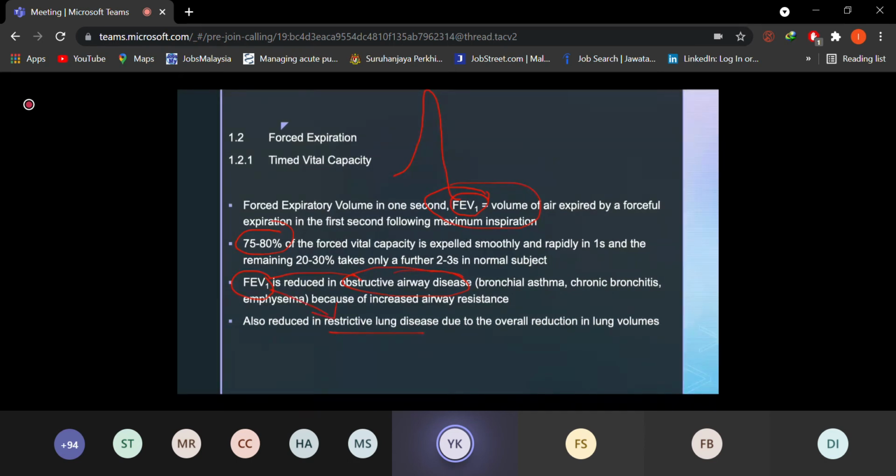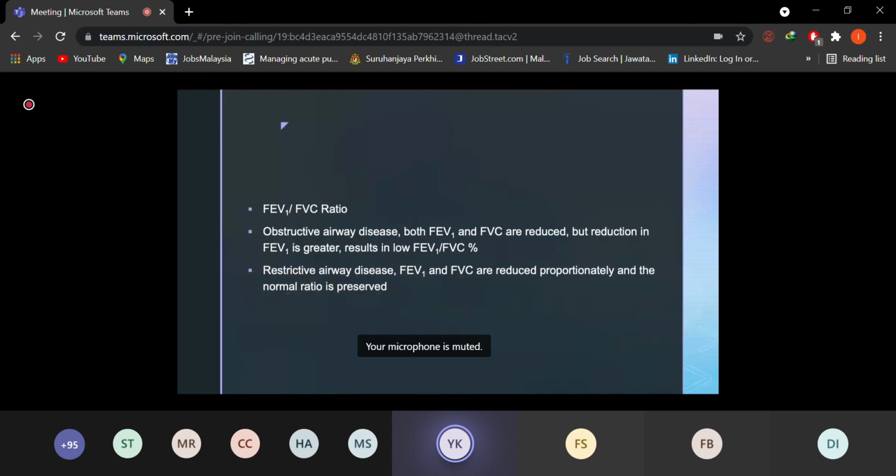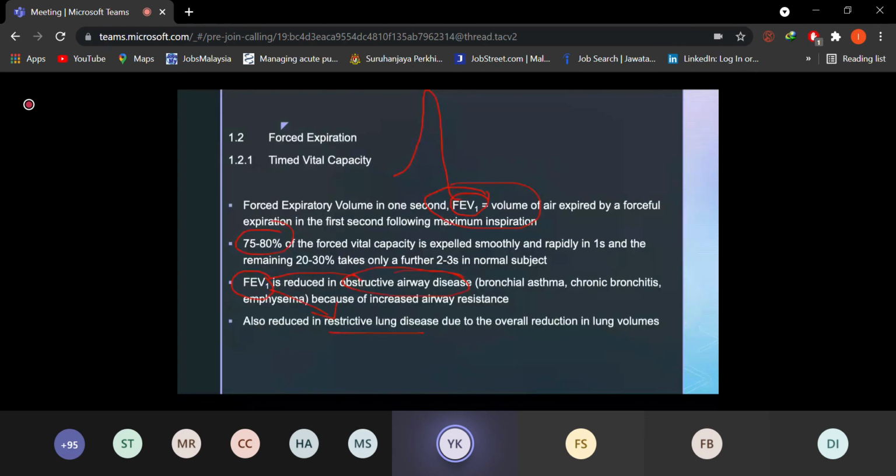But take a look at this FEV1 over FVC ratio. It is able to help you differentiate which one is obstructive and which one is restrictive. In the previous slide, you know that FEV1 is reduced in both obstructive and restrictive. But now we want to identify whether you have obstructive or restrictive by this ratio.